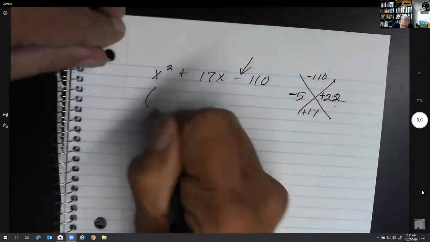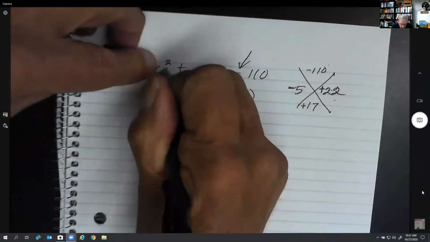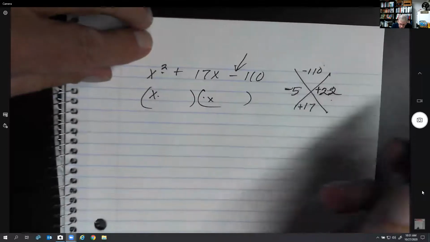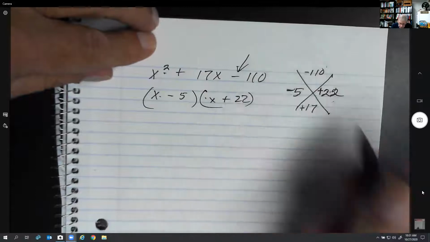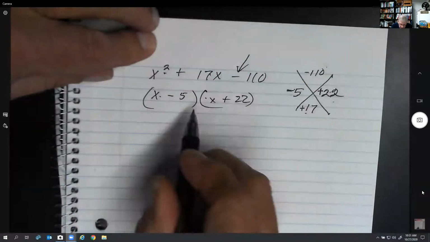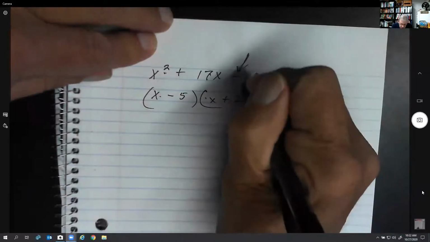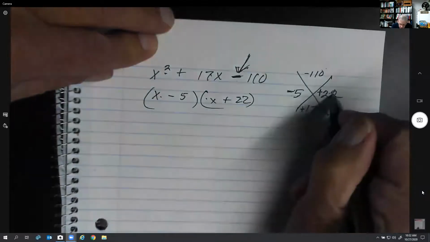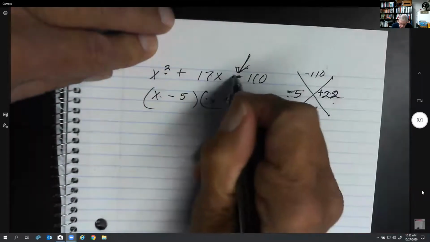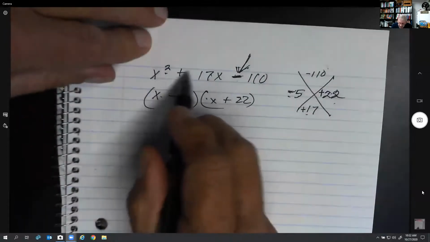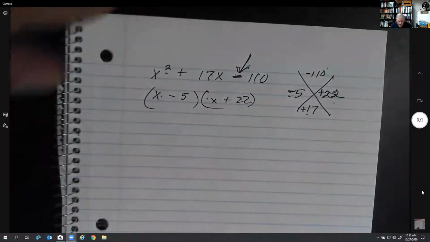So now I can write this down as x times x. First times first is going to be x squared. And then for the 110, a negative 5 plus 22, that's my positive 17. And if I multiply them, there's my negative 110. So remember, if this is a minus here, it means we're subtracting these numbers. If it's a plus here, it means we're adding them, but they both might be negative. We're going to add them together because a negative times a negative is a positive.